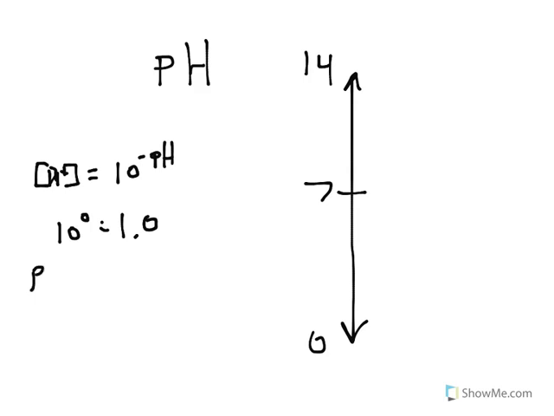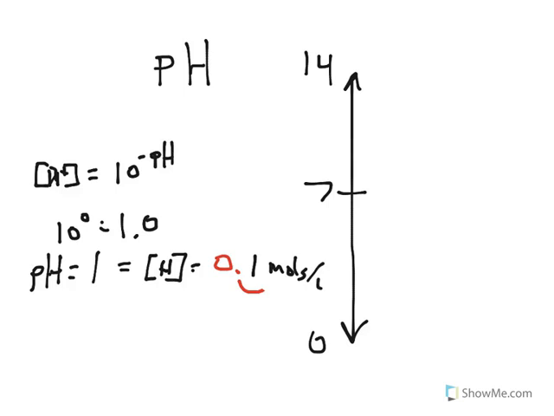If I had a pH that equals 1 and wanted to know the concentration of hydrogen ions, I'd have that 1.0 and move the decimal in one direction, to the left, so it would be 0.1 moles per liter hydrogen ion concentration, and vice versa.